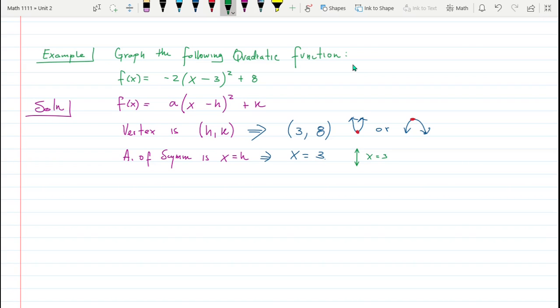Okay, so we have a couple of components of this graph. Now we can be more assertive as to whether it opens upwards or downwards.